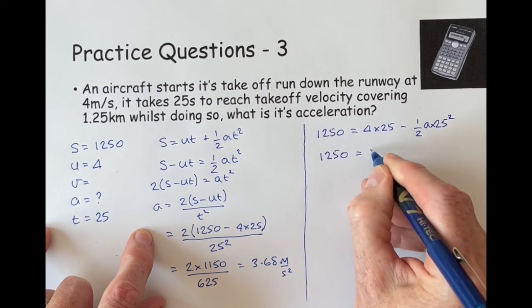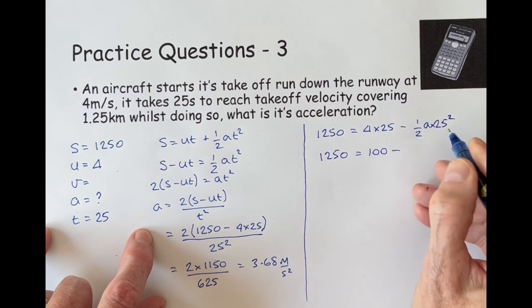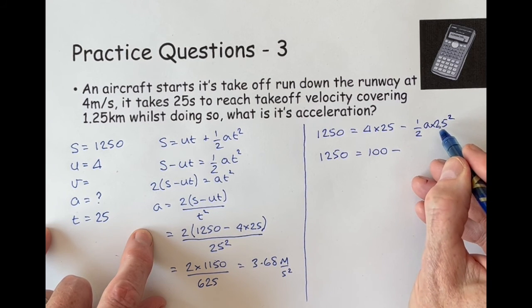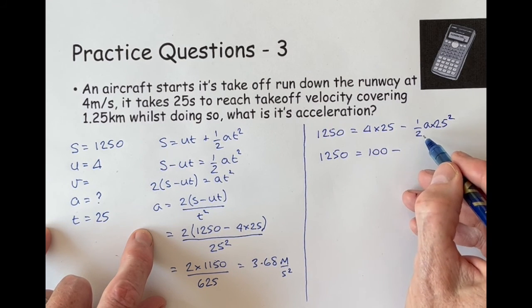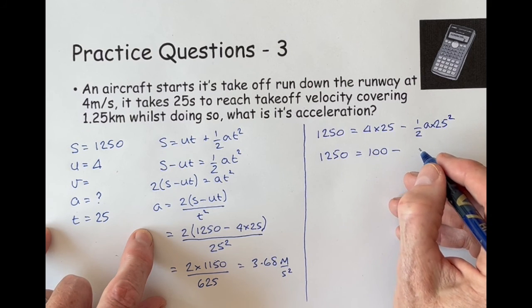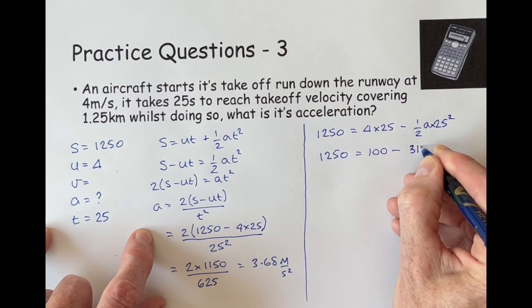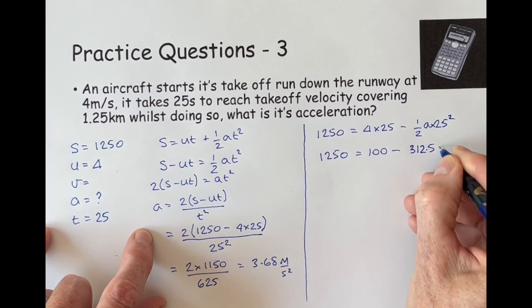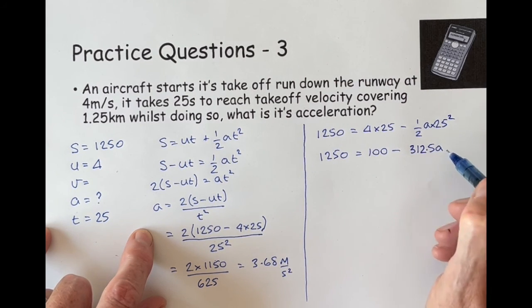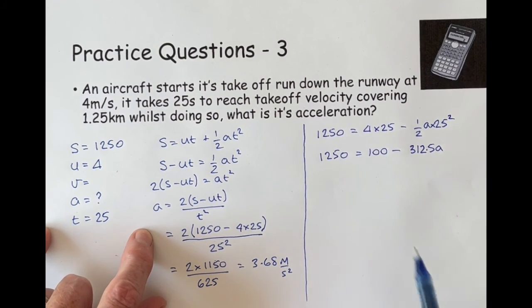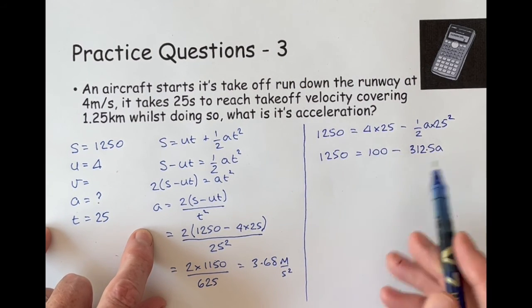1250 equals 100 plus 25 squared, which is 625, divided by 2, which is 312.5 times a, which we don't know. Then it looks a bit simpler. We can then see we can subtract 100 from both sides.